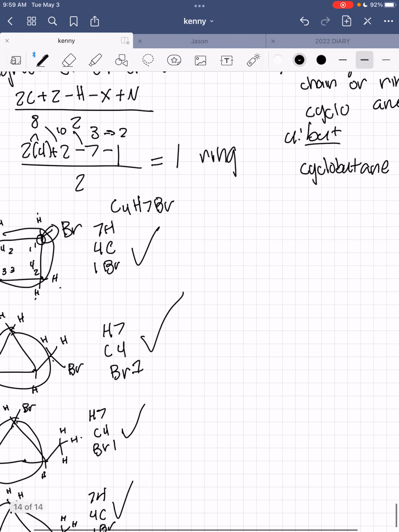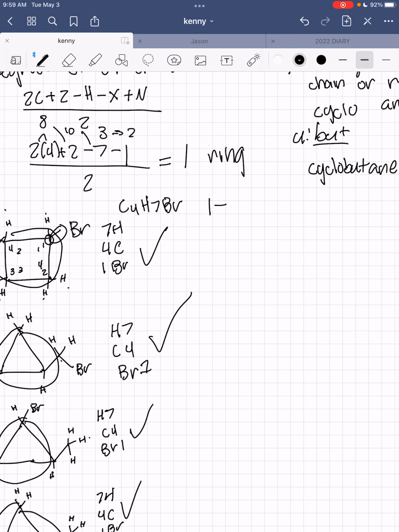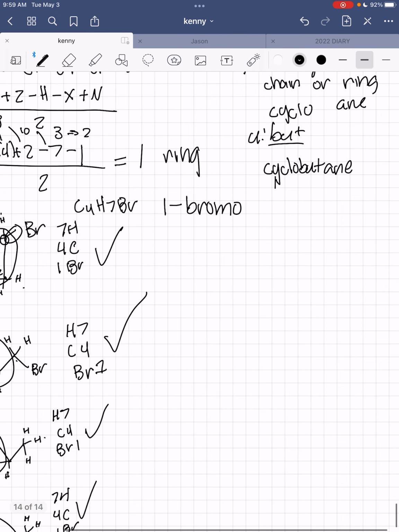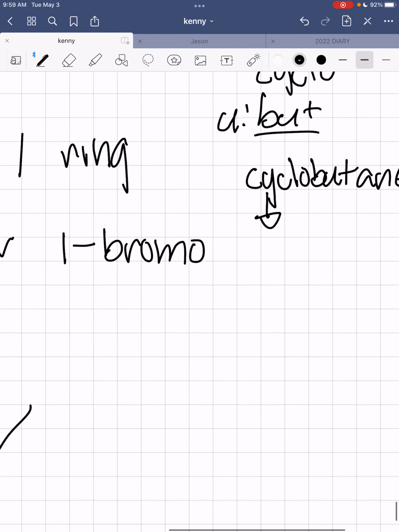So we have the first carbon, we have 1 bromine, and when you write bromine, you change the ending to bromo. So put these together and you get 1-bromocyclobutane.